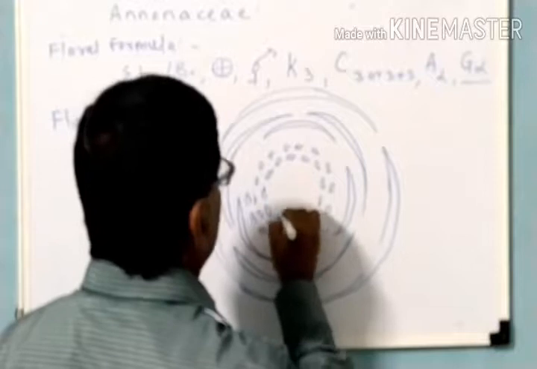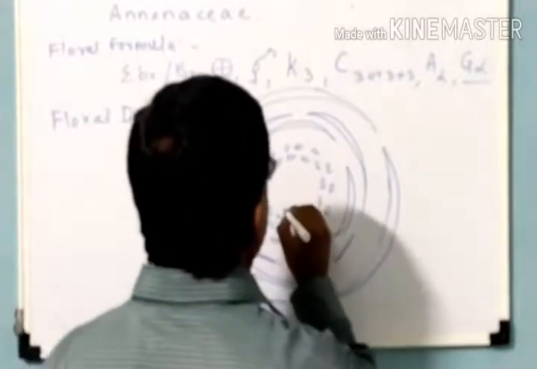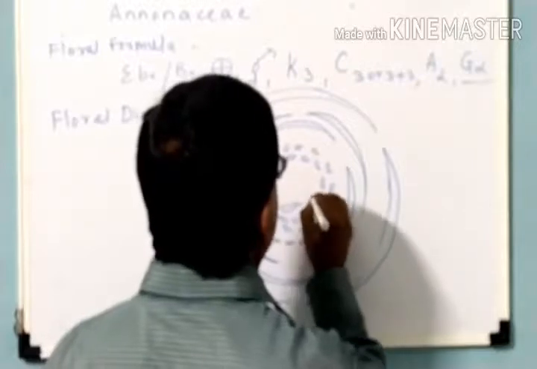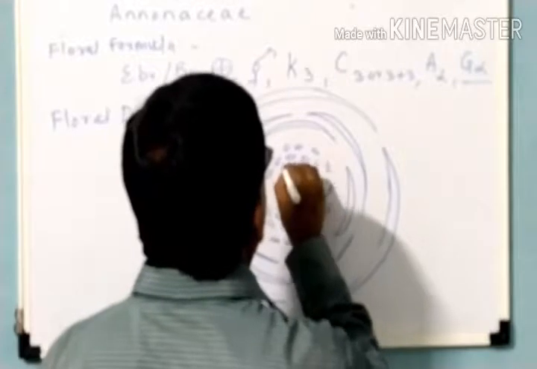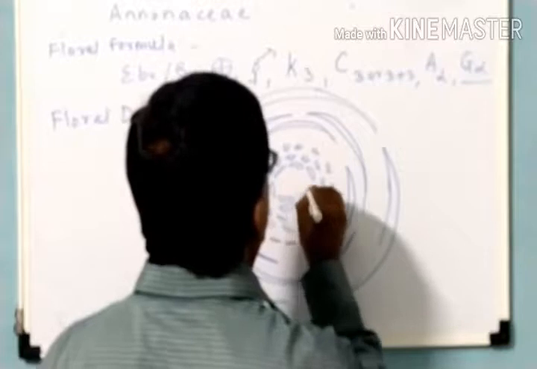Like this way. When the stamens are over, then there are carpels. You can see these are the carpels. Carpels are also many. They are also spirocyclically present.